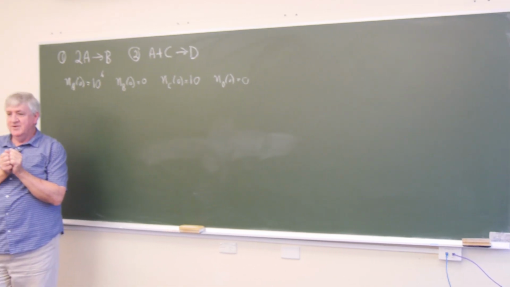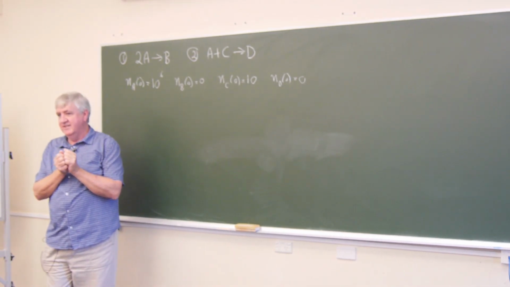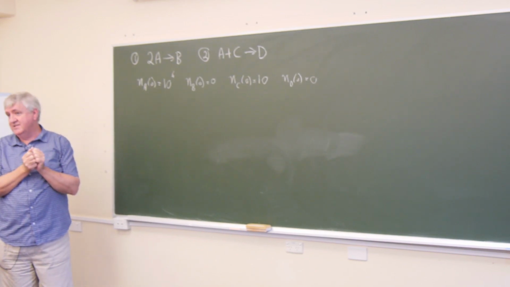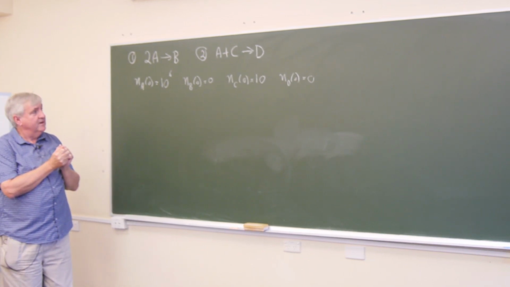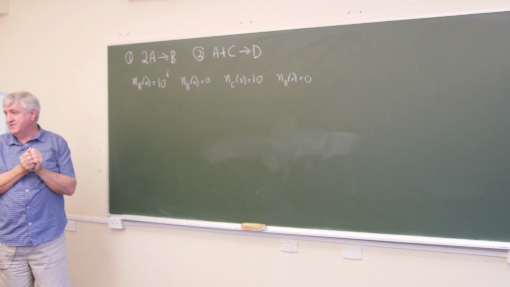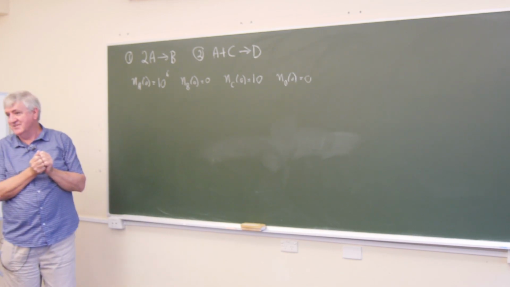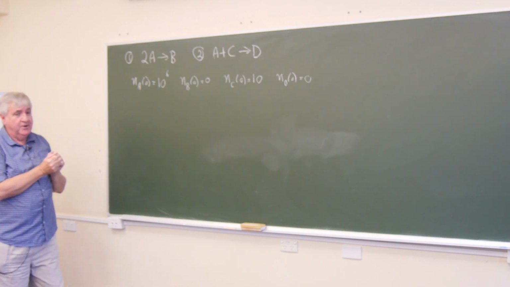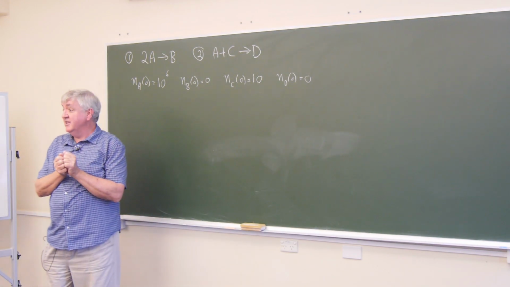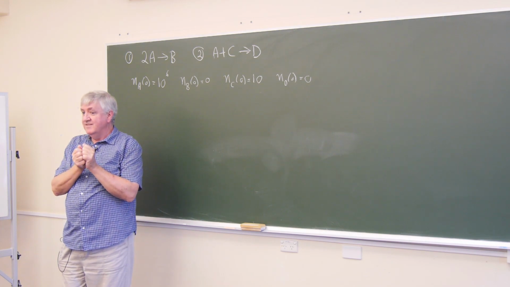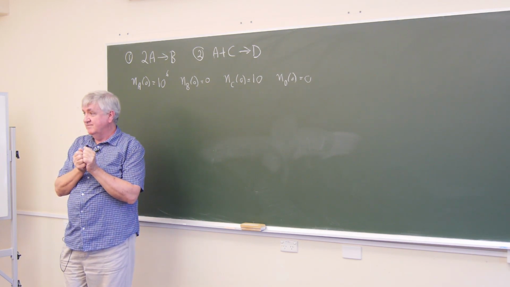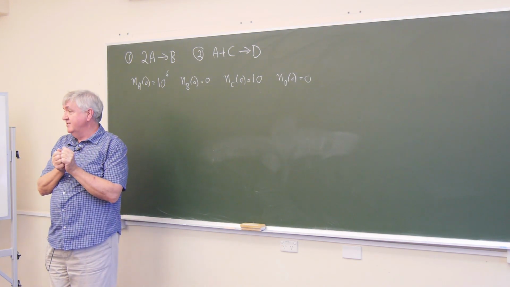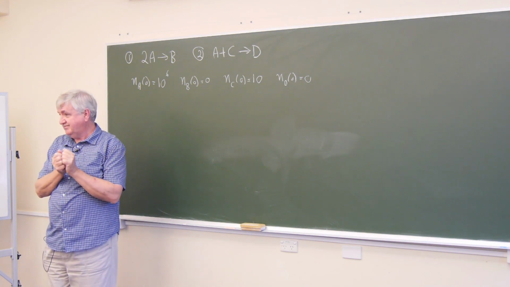They come together in proximity and then they react to form either B if there are 2 A's or D if there's an A and a C. If 2 C's come together, well nothing happens. I'm going to assume that per close encounter the reaction rates are the same. The production of B and D per encounter are the same.